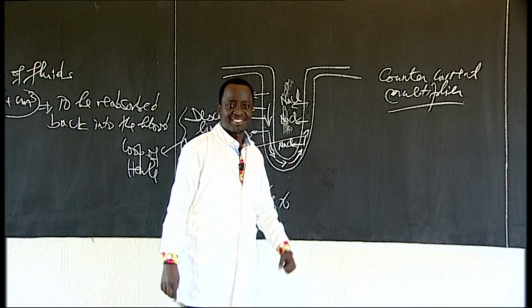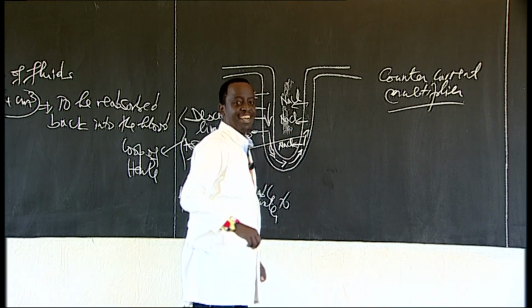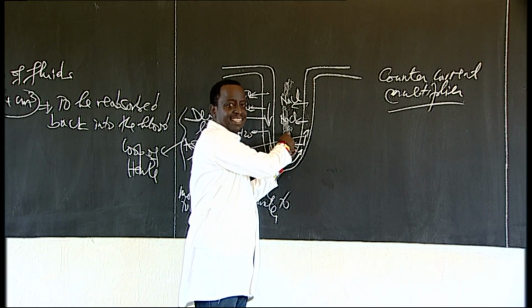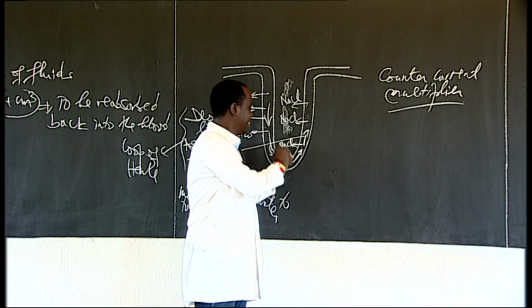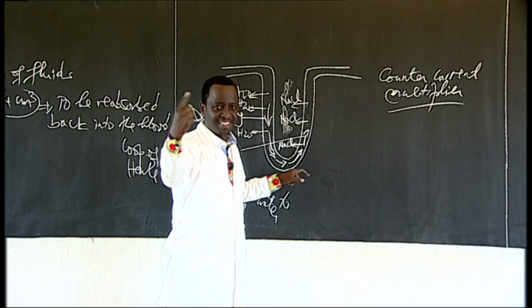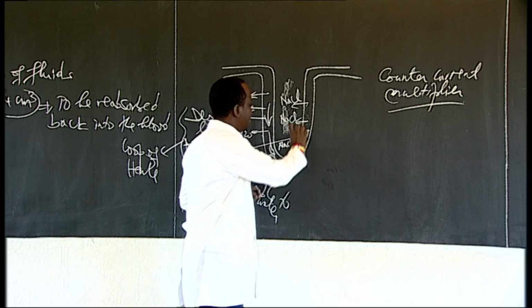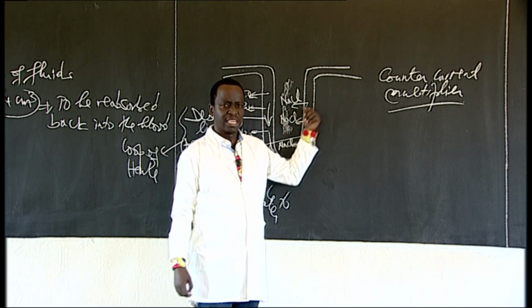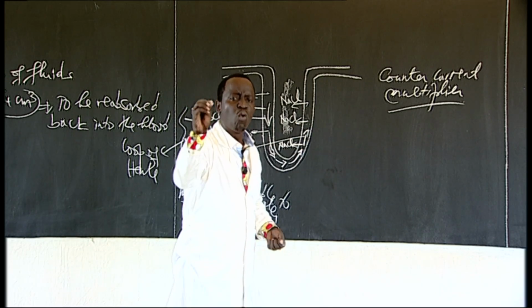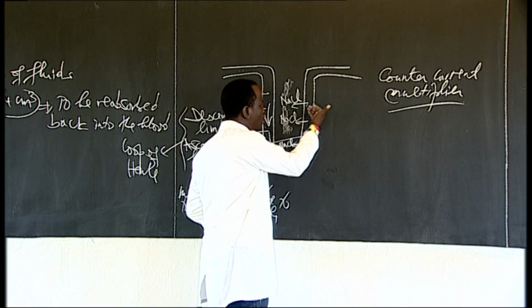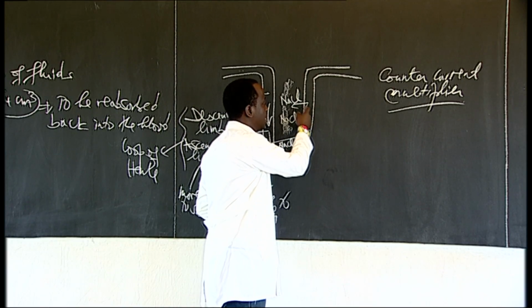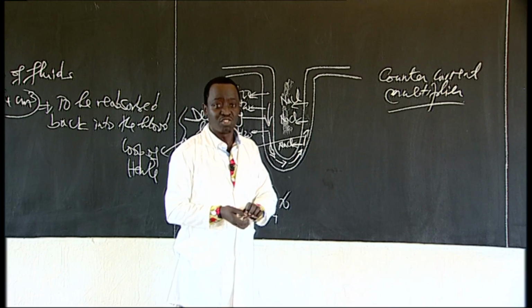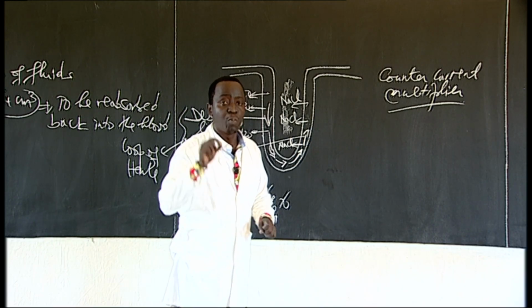Remember, those are salts. If they are removed, then come here. What happens here? There is a high concentration of solute. When here there is a high concentration of solute, even if this one is impermeable to water, it can allow just a little water to do what? To pass across this. You see now there is movement of water and the salts at the same time to maintain what?